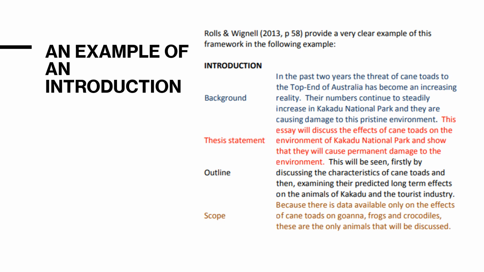And then the thesis statement of this topic is: this essay will discuss the effects of cane toads on the environment of Kakadu National Park and show that they will cause permanent damage to the environment. So that's the thesis statement.